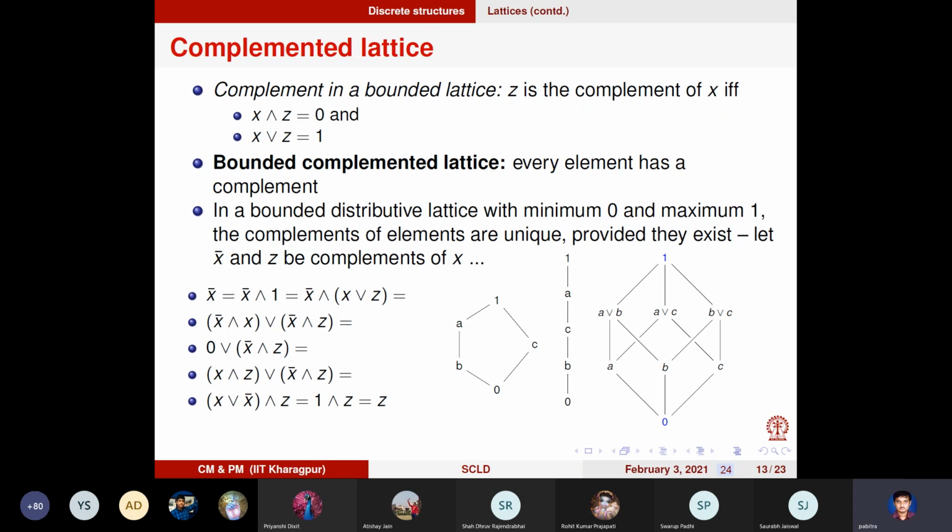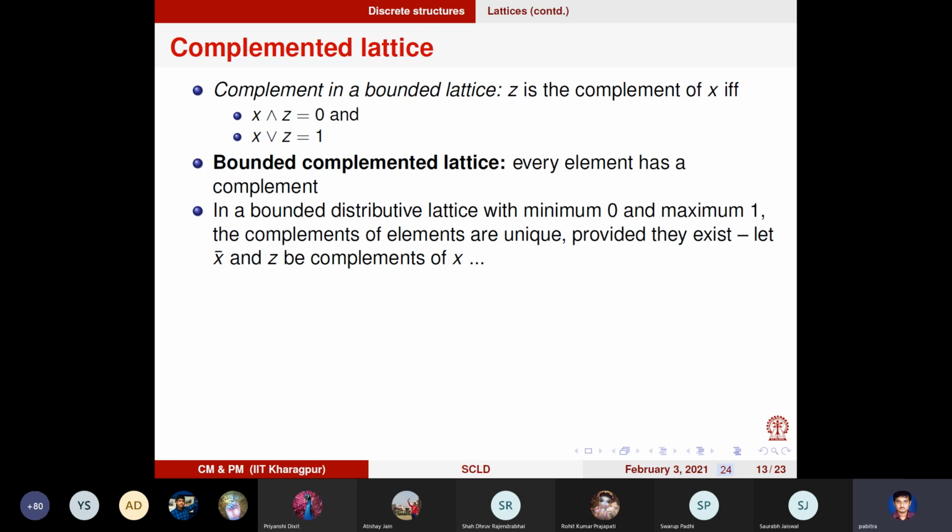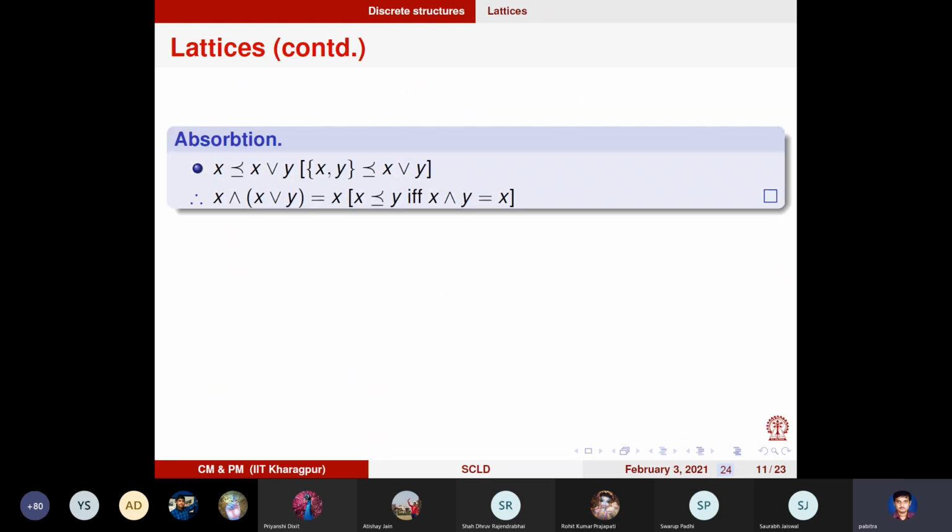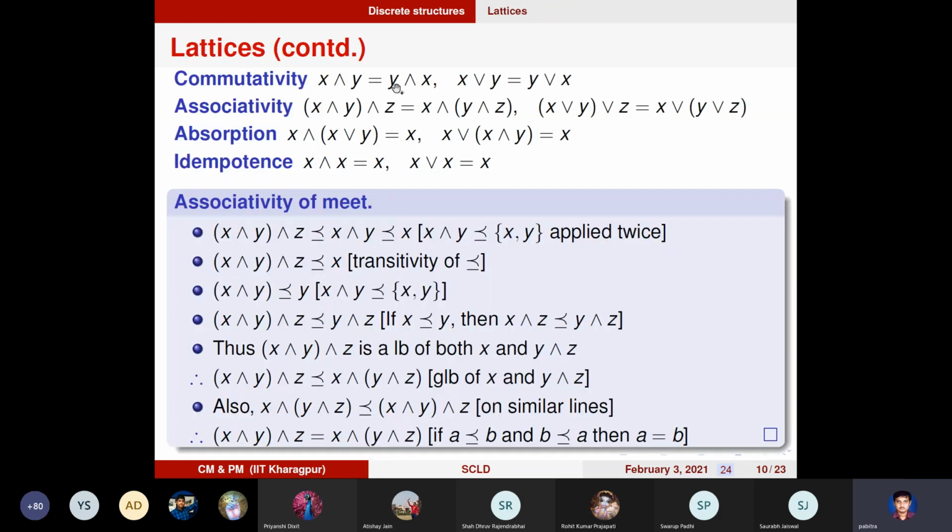Any of the rules that we talked about, I am writing two rules every time, and one is nothing but the dual of the other. I have replaced the meet by the join. So meet and join are duals, 1 and 0 are duals.